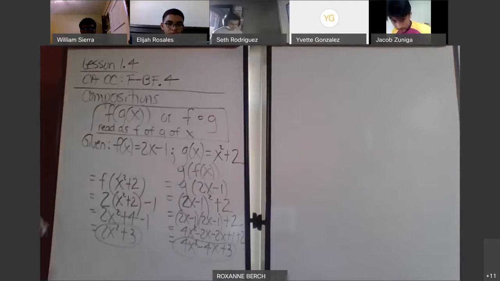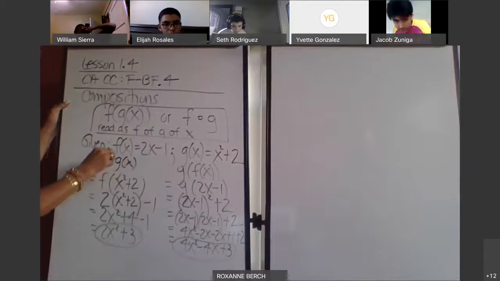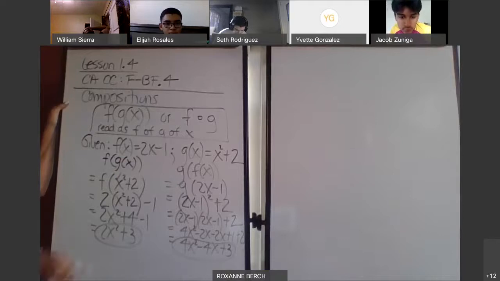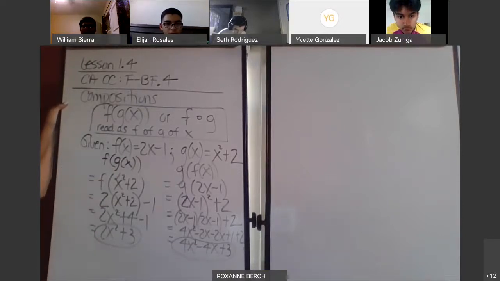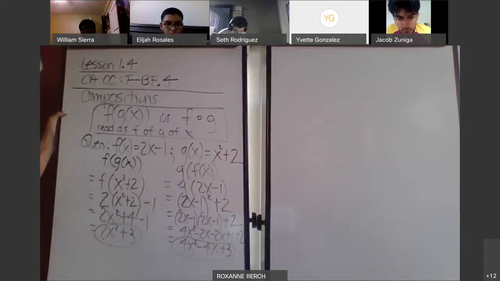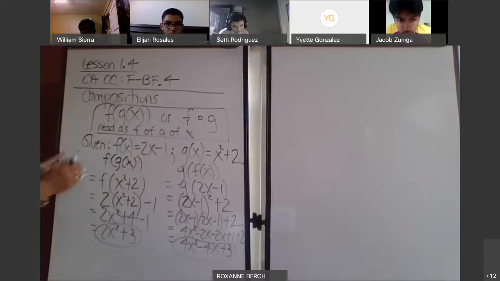It's nested. So basically you have a function g of x, and it's nested in f. So it's f of g of x. When I start the problem, I just drop the f down, and I work only with g of x. So g of x is x squared plus 2. After that, I'm dealing with f of x, but it's not f of x anymore. It's f of x squared plus 2.